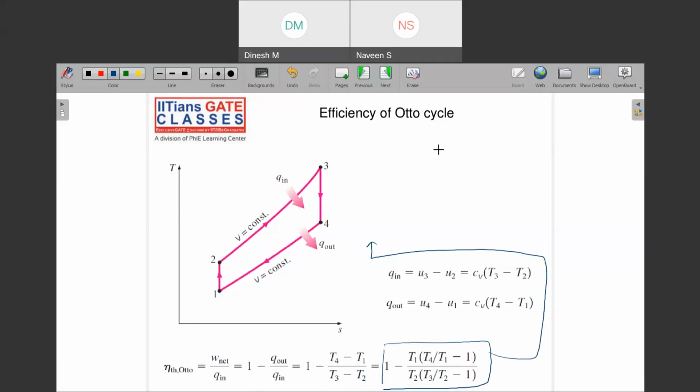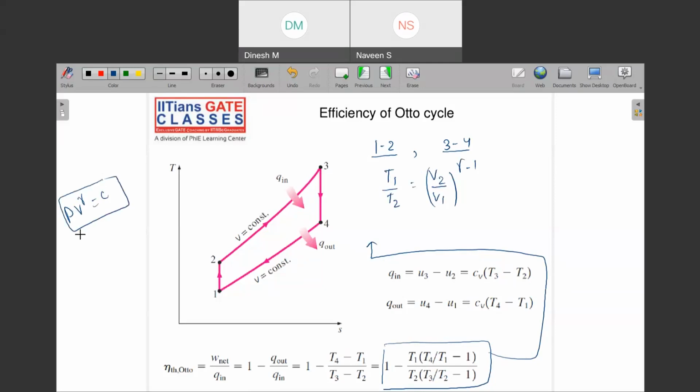Can you see that processes 1 to 2 and 3 to 4 are isentropic? For an isentropic process, can I write down that T1 upon T2 is equal to V2 upon V1 to the power gamma minus 1? Where does this come from? We have seen this law, PV to the power gamma is equal to constant.